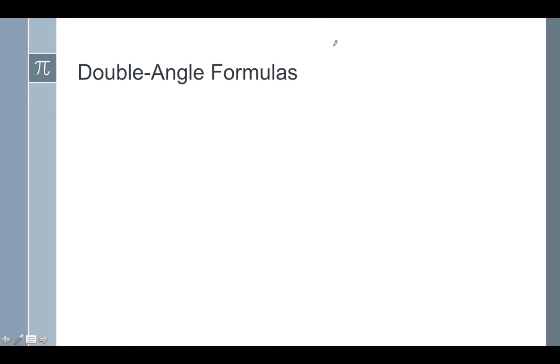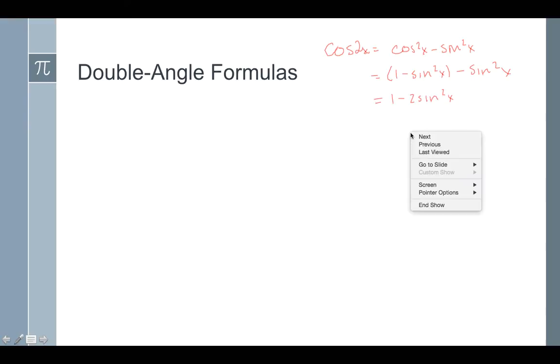So if I was to give you the cosine of 2x, I could say that is the cosine squared x minus sine squared x, and we can just create the other ones. Cosine squared is the same thing as 1 minus sine squared x. And I get, okay, the parentheses don't actually matter, I get 1 minus 2 sine squared x. All right, and the same fashion goes for the other version for cosine.